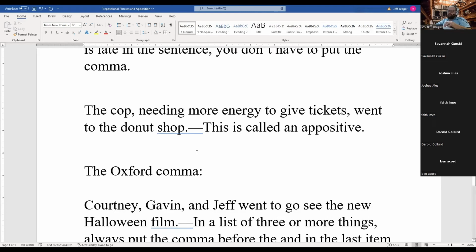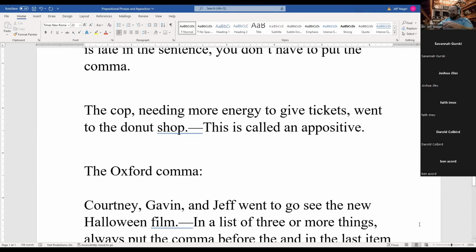And you can also use what's called an appositive. Just like with relative clauses, if you use which, it gives extra information that could be cut if you wanted to cut it.